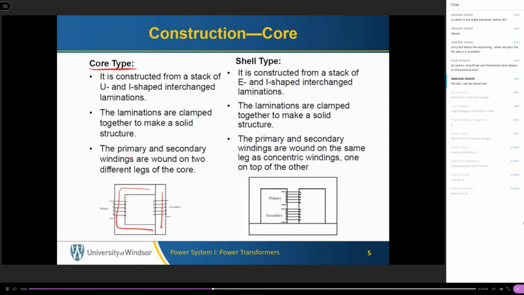So as you can see here, we have the primary winding coiled on the U-shaped lamination, and we have the secondary winding coiled on the I-shaped lamination, like this. This is the first type.